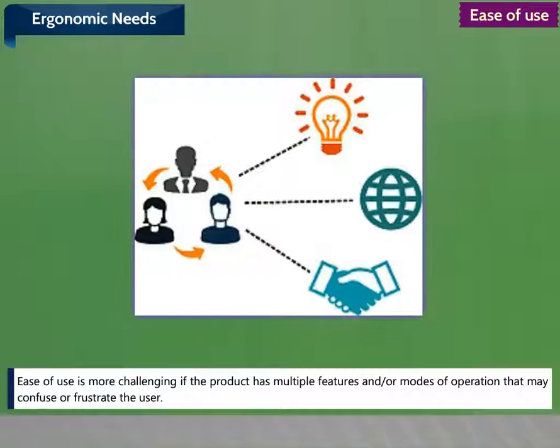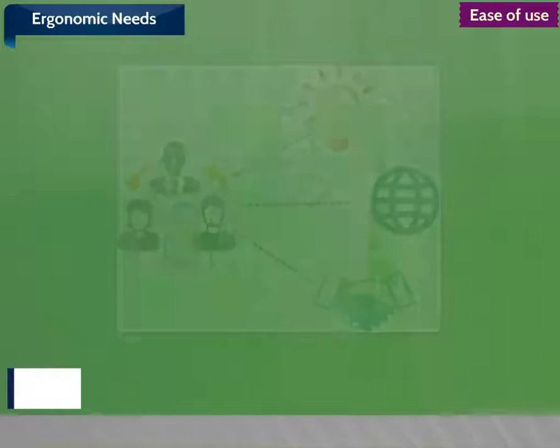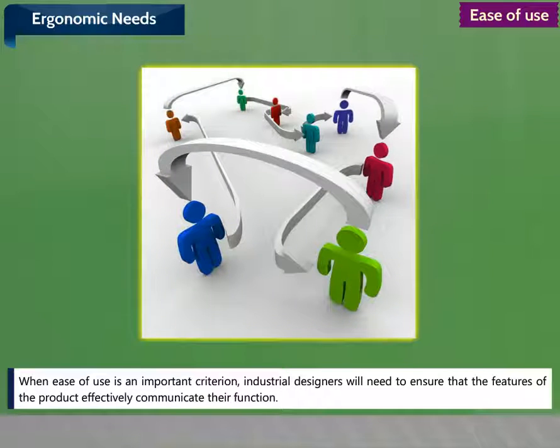Ease of use is more challenging if the product has multiple features or modes of operation that may confuse or frustrate the user. When ease of use is an important criterion, industrial designers will need to ensure that the features of the product effectively communicate their function.